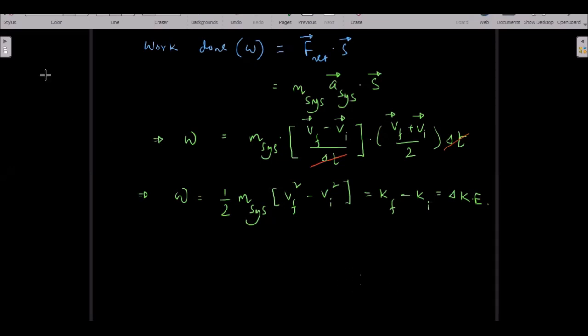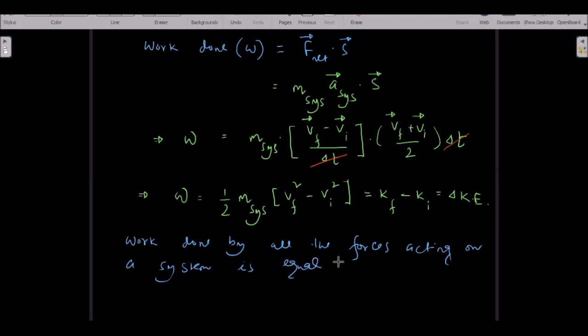All right, fine. So as a statement we will write: work done by all the forces acting on a system is equal to the change in kinetic energy of the system.